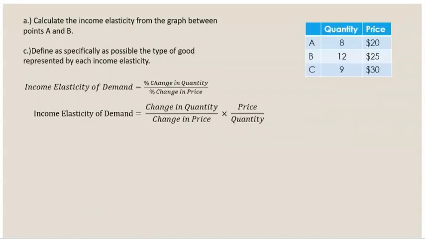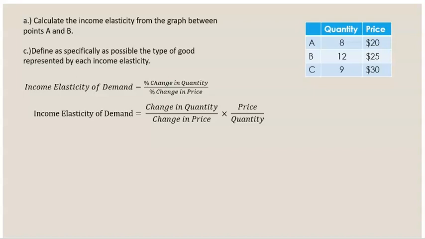Okay, let's take a look to see what you have. The first thing that I would do is change this equation just a little bit to make it simpler to input my figures. I would find the income elasticity of demand by dividing the change in quantity by the change in price and multiplying that by the price divided by the quantity.